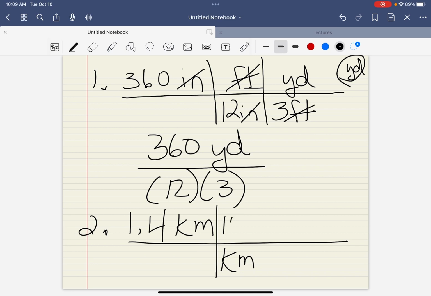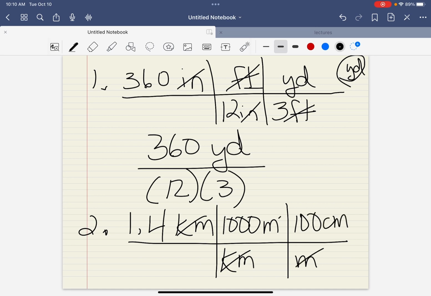So in a kilometer there are 1,000 meters. Kilo is 1,000. And then in a meter there are 100 centimeters. 100 cents in a dollar, 100 centimeters in a meter. So here, it's easy to multiply. We just have metrics. We just have powers of 10.